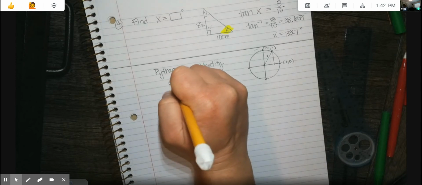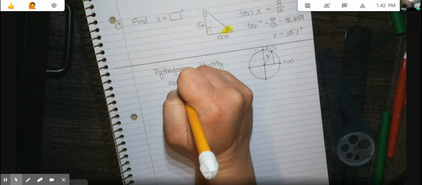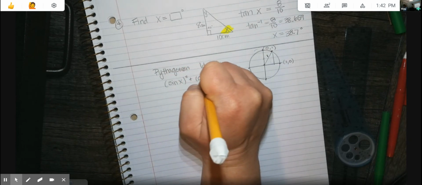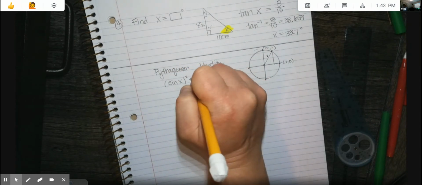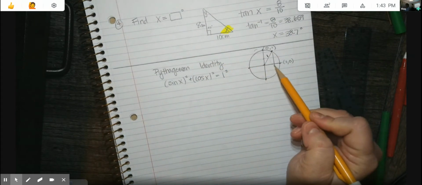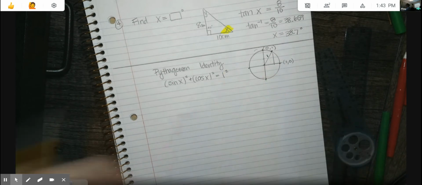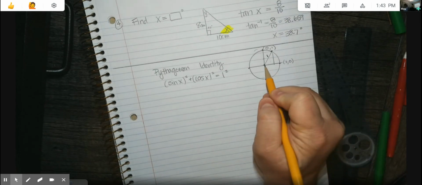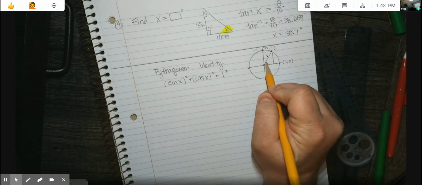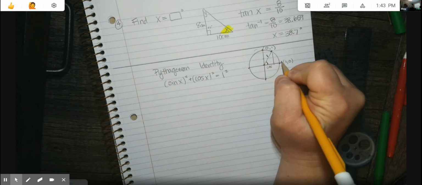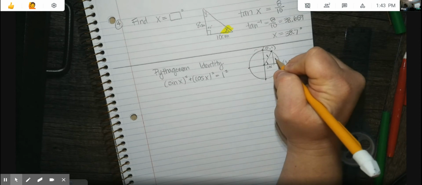So when we look at the Pythagorean identity, that looks like the sine of x squared plus the cosine of x also squared, it's all equal to 1 squared, because we're looking at this side being the sine, and then the opposite side, I apologize, let me reword that. If we're looking at this angle down here, the adjacent side is cosine, and the opposite side is sine.